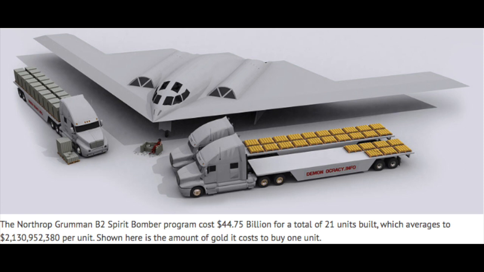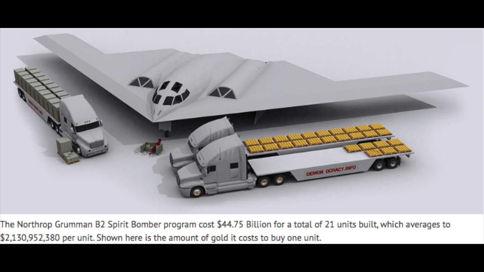So this Northrop Grumman B-2 Spirit bomber program costs $44.75 billion for a total of 21 units, which averages to $2,130,952,380 per unit. Shown here is the amount of gold it costs to buy one unit.